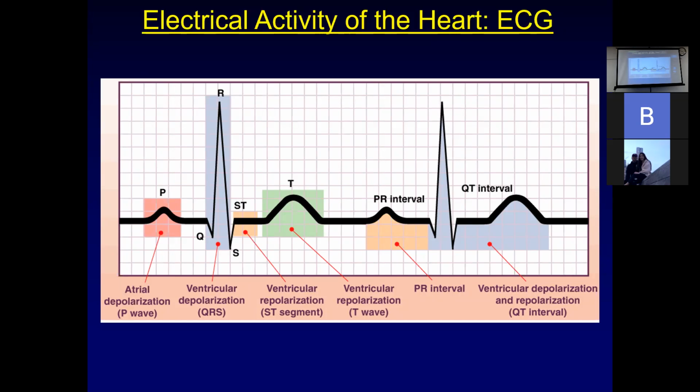And we can measure the action potentials moving across the different chambers of the heart. Okay? There is a normal pattern to this. If you have normal cardiac conduction system function, your EKG should look a certain way.